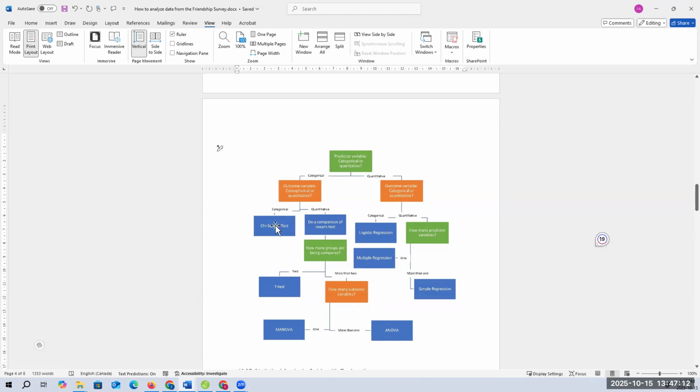So for example, you are looking, I guess, at, let's see, if the person is level of stress. So if strong, moderate, or weak, so that could be an outcome variable that is categorical.